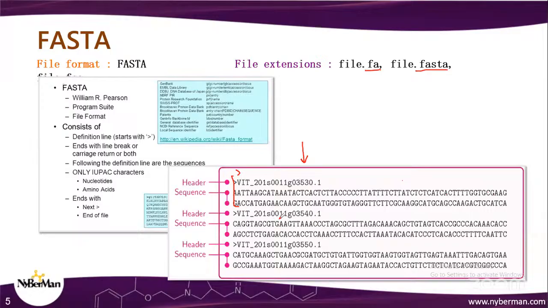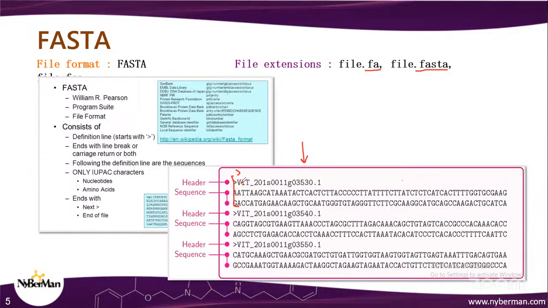Okay, and that will also have the extension .fa or .fasta. Okay, so we can have just one header and one sequence in the FASTA file, or we can have more than one header and corresponding sequences in the FASTA file. But two lines should be mandatory.